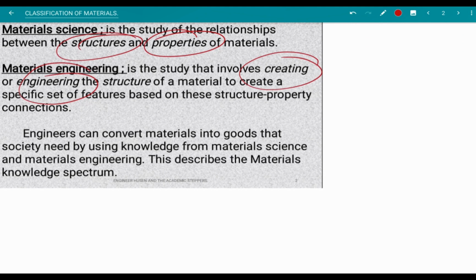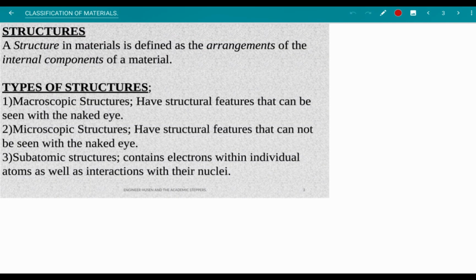Now, let us understand clearly what we mean when we define material science using terms like structure and properties. When it comes to structures, the structure is defined to be the arrangement of the internal components of a material. So structure just talks about how the internal components of a material are actually arranged. If you look at the types of structures we have macroscopic, microscopic, and subatomic structures.